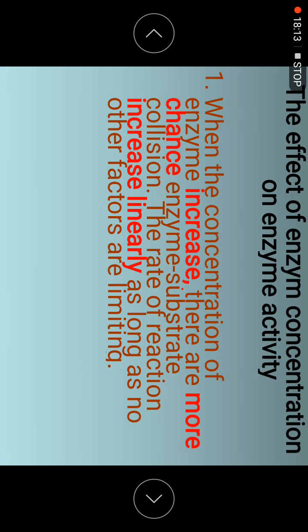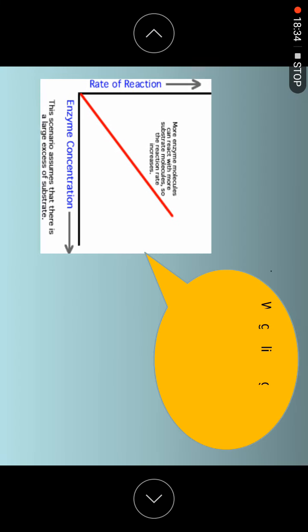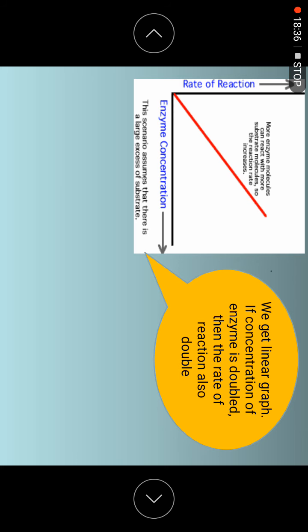When the concentration of enzyme increases at the beginning, there are more chances for the enzyme and substrate to collide. Collide means they hit each other and then they get the reaction. Because there is not yet a limiting factor, this is normal.